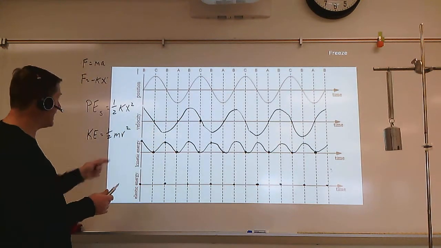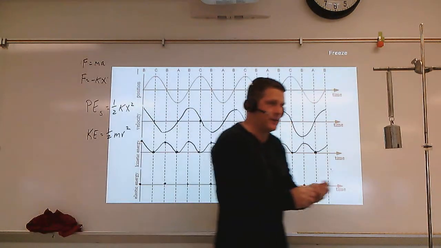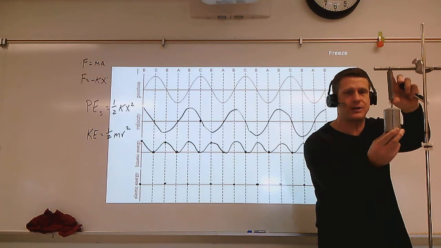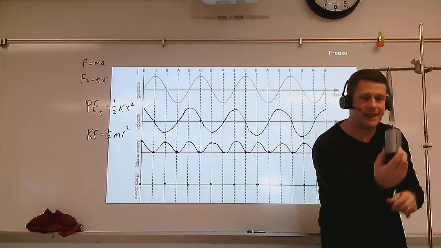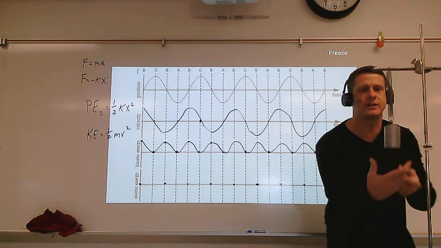And anytime the position is at a great positive, up here, we've got our most elastic energy because we're compressing this spring. Down here, we have the most elastic potential energy because we're stretching the spring the most.